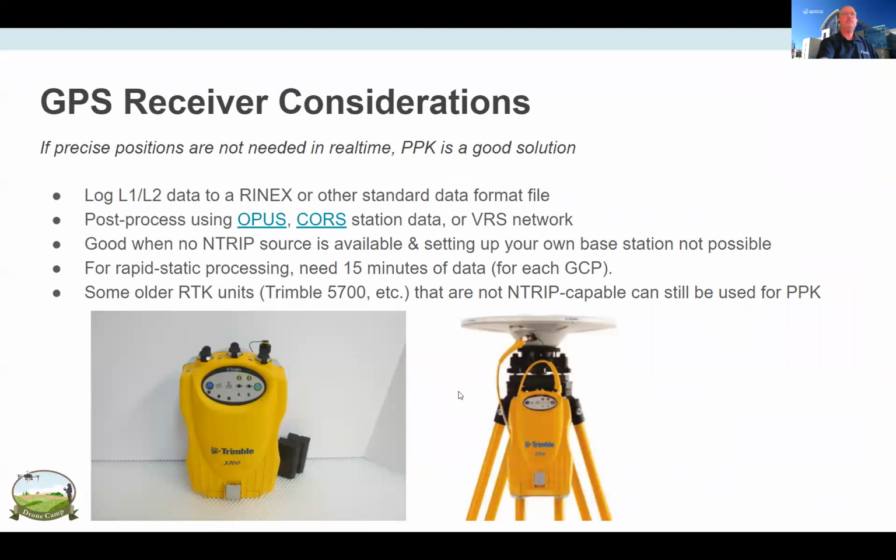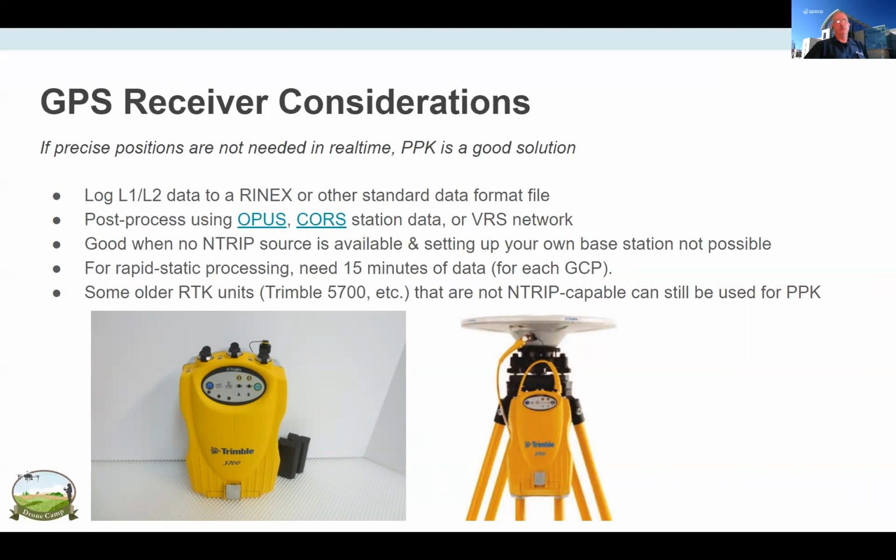If you don't care about real time, PPK is the way you want to go. You can actually get away with using some older units that were intended to be RTK capable, but they're only able to be used with an external radio for the source.